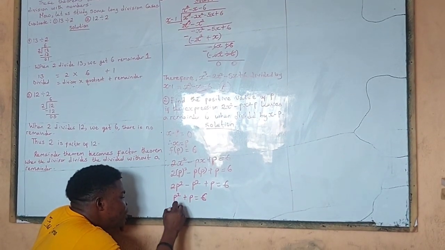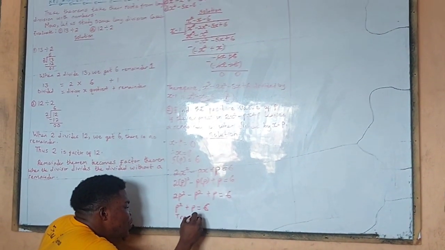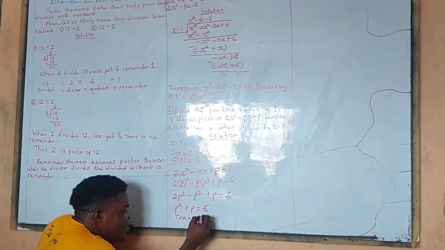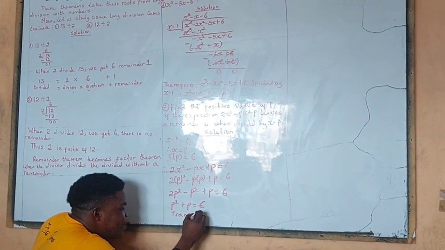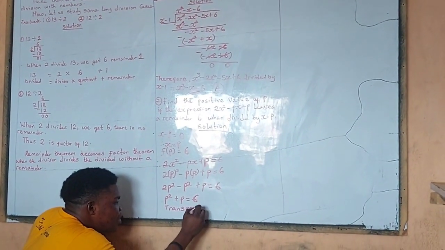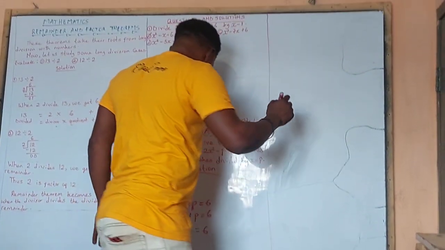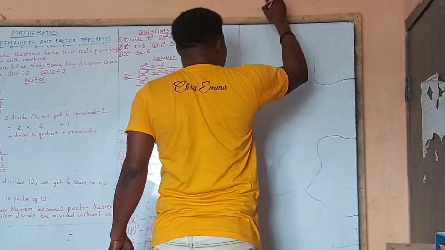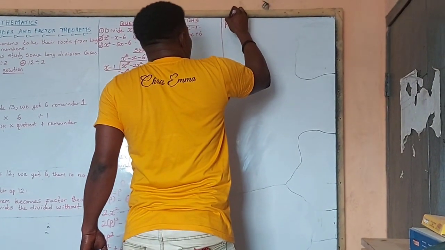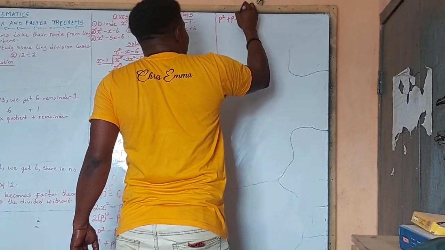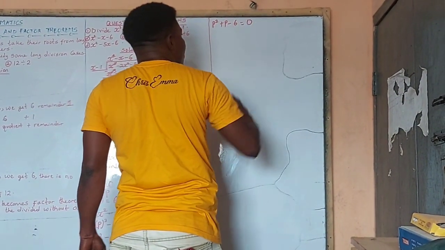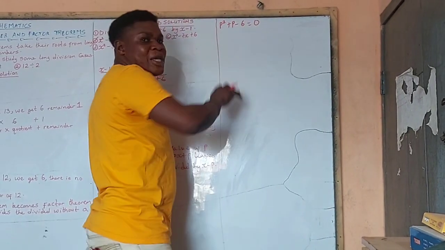Now, transposition. This is leading us to a quadratic expression. By transposition here, definitely we are going to have p squared plus p minus 6 equals 0. Now, this is a quadratic equation.